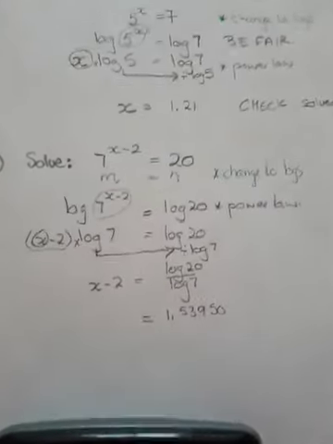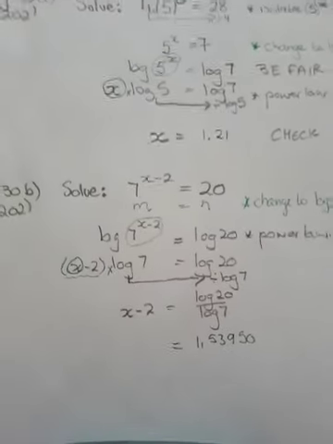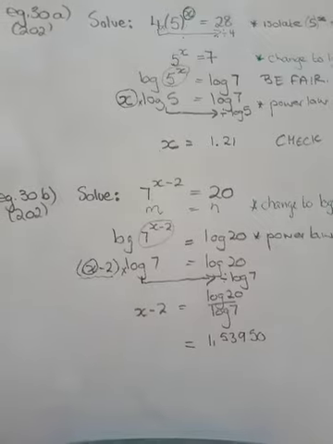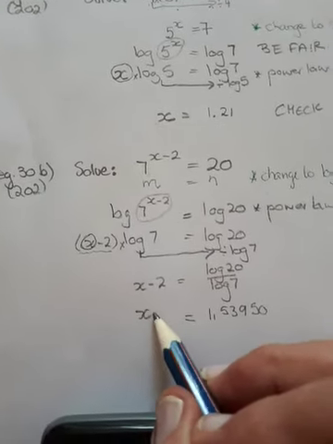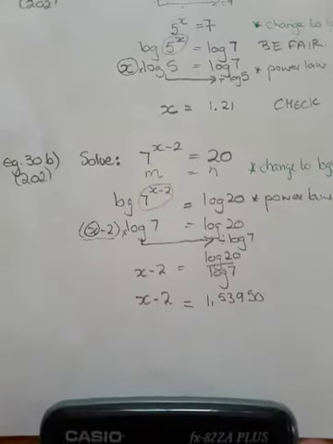You should now write out all of your digits, or as many digits as possible. So x minus 2 is equal to that.